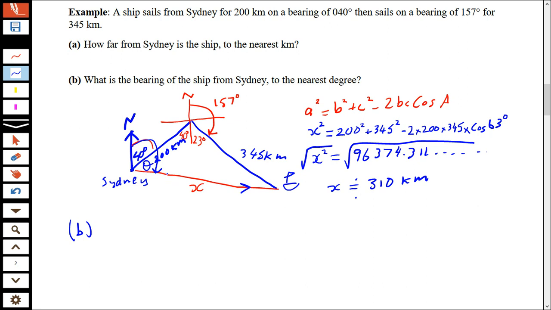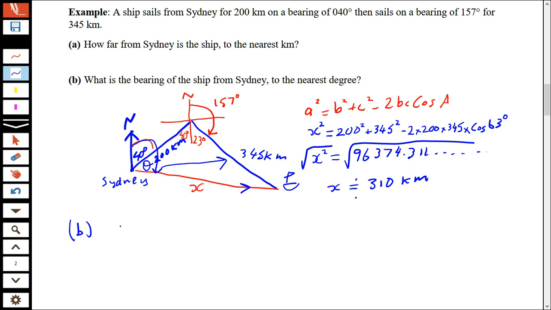So we've got this side here, and I've worked out this side here. Actually, I've got three sides and two angles, so I'm going to use the sine rule.